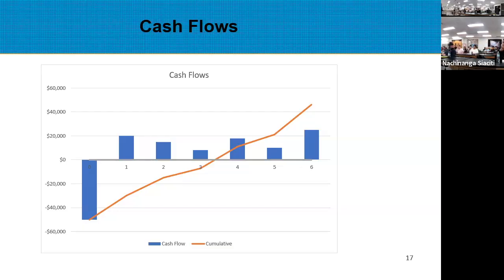So at that point, you've made your return back, and now you're really making money. So again, from a financial standpoint, can you stand that money being out there for 3.5 years or so? That may be part of your financial decision.